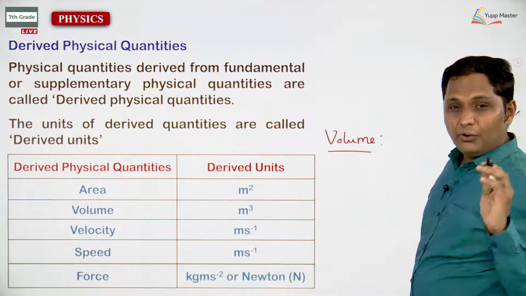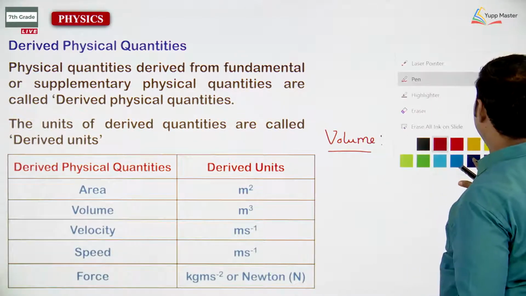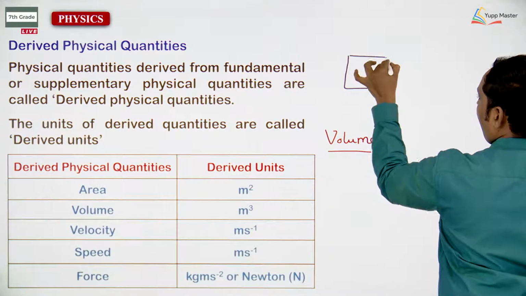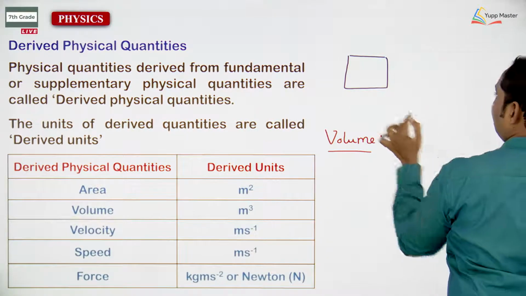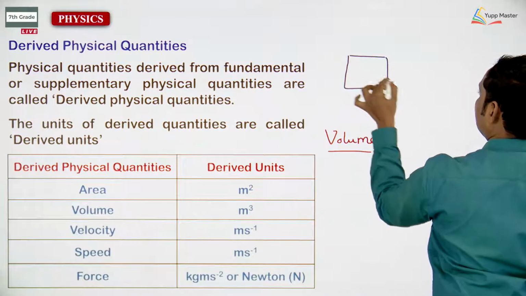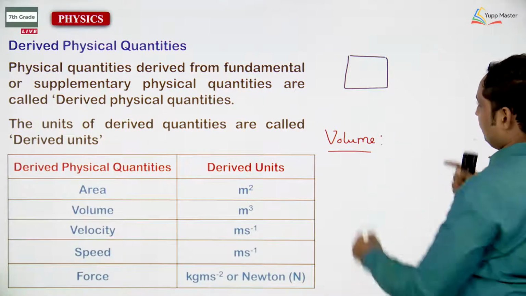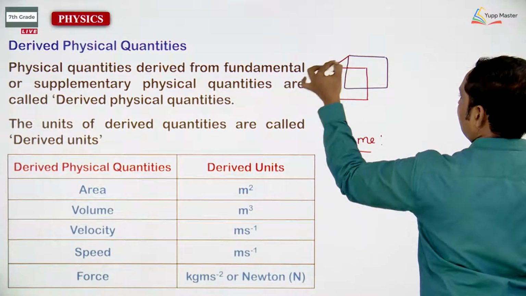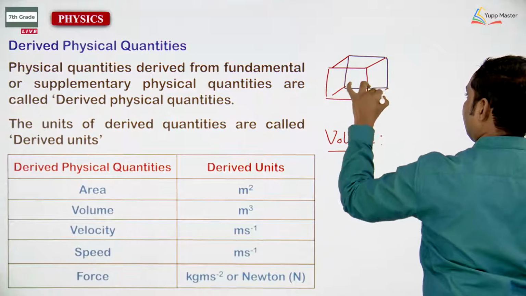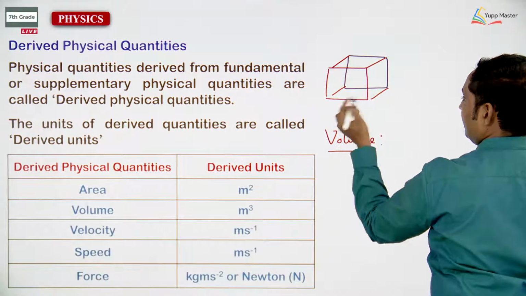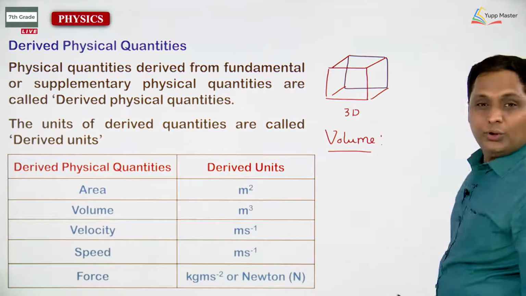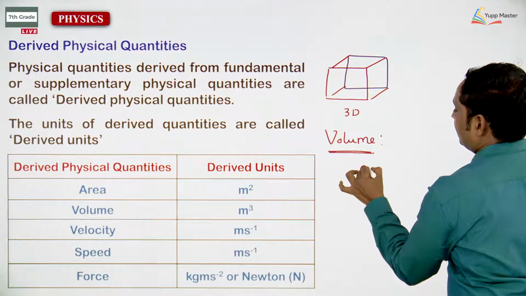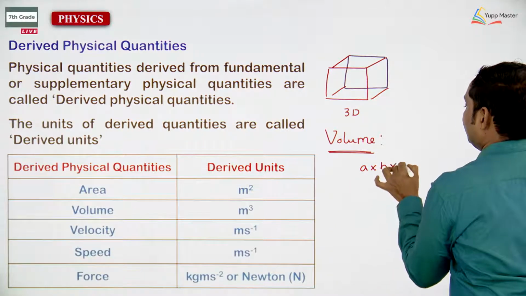Now you can take this, yes, this is a 2D plane, and we have to take another 2D plane. Just you have to see that this is a 3-dimensional body. So volume depends on the dimensions, that is length.